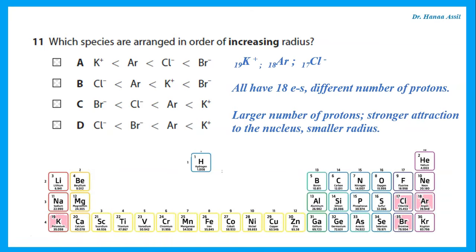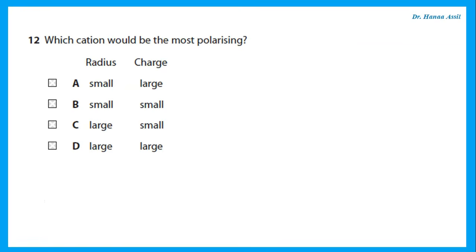And you have to remember, the larger number of protons, positive charges in the nucleus that are attracting these electrons, that means there is stronger attraction forces between the electrons and the nucleus, so the radius is smaller. So potassium has more positive protons attracting these electrons than the argon, and the argon has more than the chloride, and we said the Br- is the biggest.